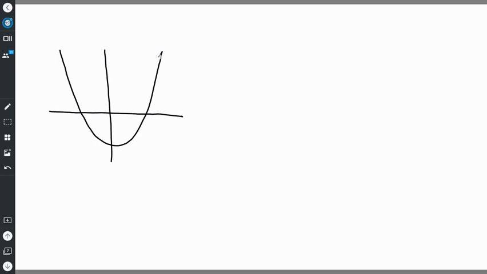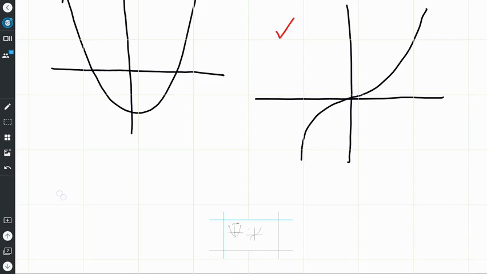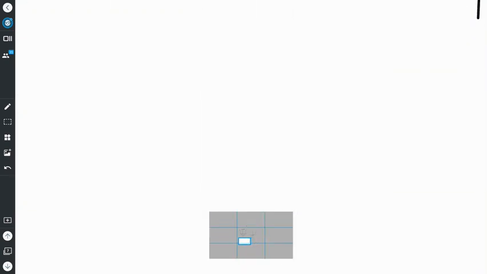Is this a function? It is a function. What about this one? Is this a function? Yes, this is a function. What about this one? No. Why not?